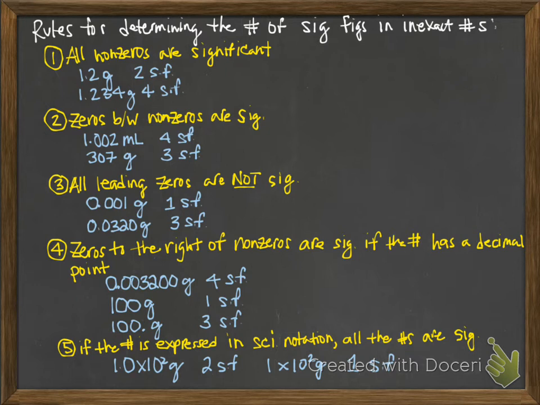It just makes it a little bit less ambiguous. Okay, last one then, 1.00 times 10 to the 2 is going to be our 3 sig figs, just like we had before when we expressed 100 with our decimal point. So scientific notation just gives you a way of being very clear about your significant digits.